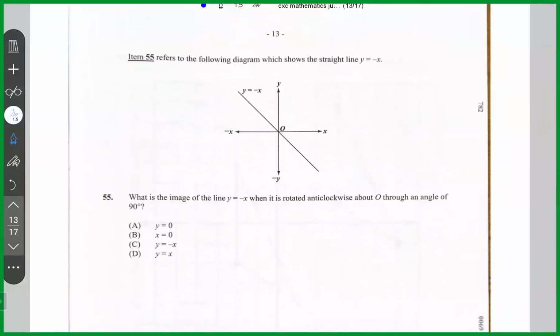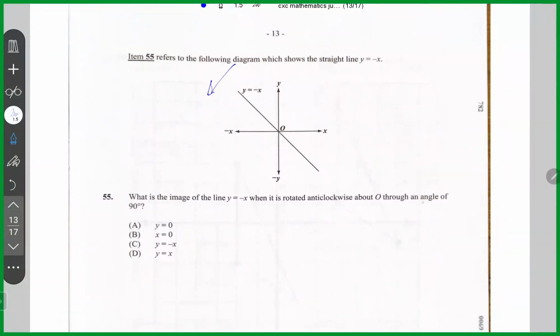Item 55. What is the image of the line y is equal to minus x when it is rotated anti-clockwise about O through an angle of 90 degrees? It's going anti-clockwise, so that would be that direction.